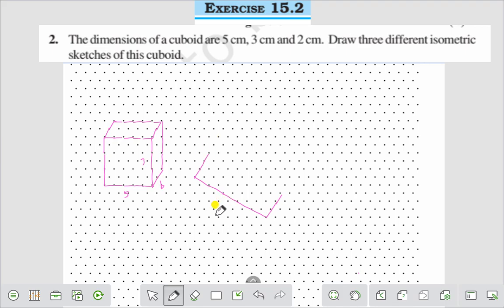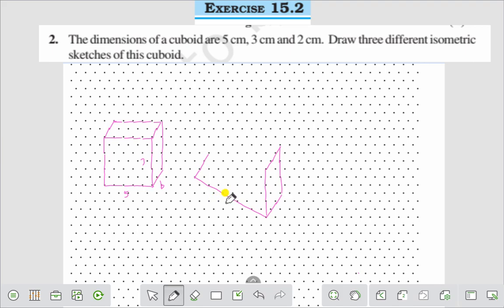And width we have taken 2, in this direction it is 2, and height is 3, we have to take 3, that is 1, 2, 3. Parallel we have to take 3, 1, 2 and 3, right? This is 2 unit, 1, 2, this is 3 unit, right?